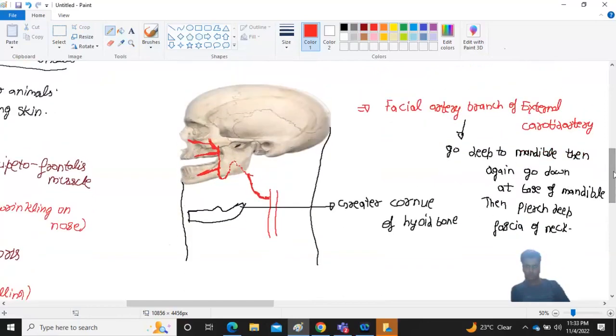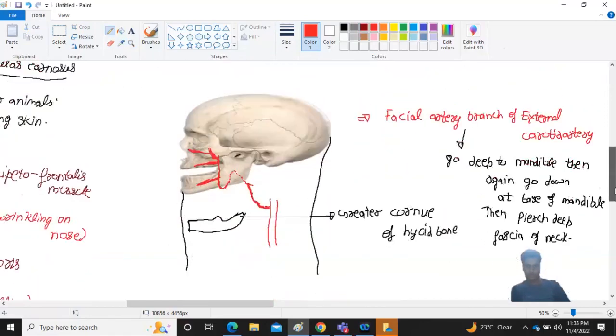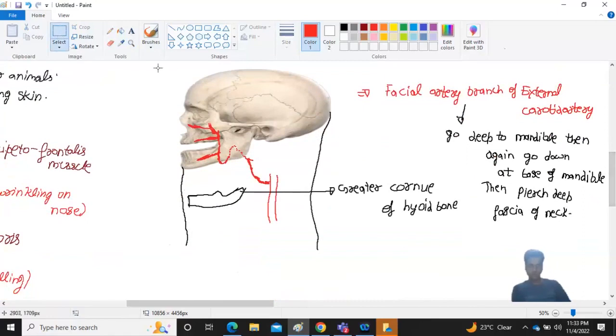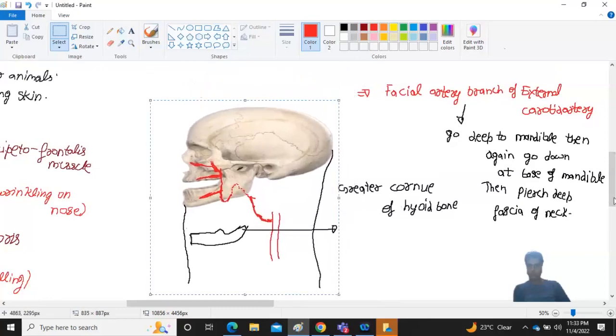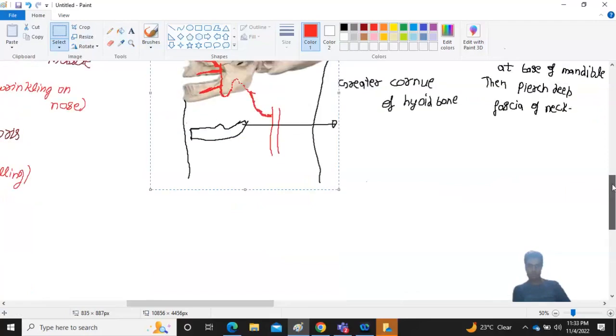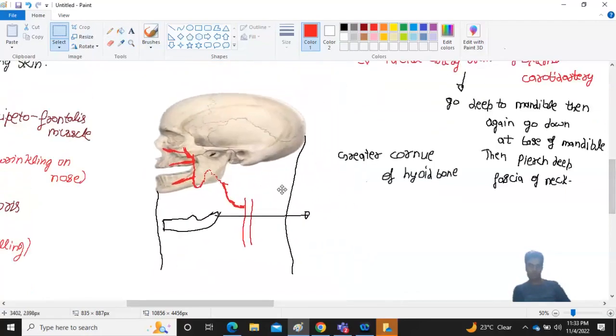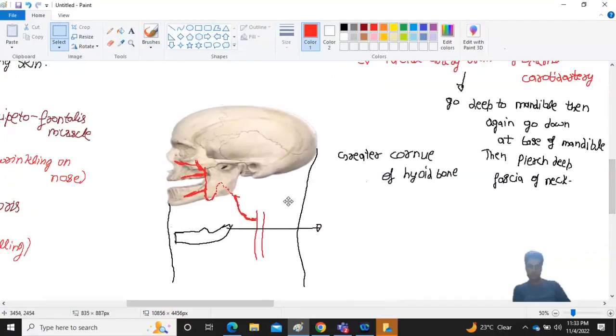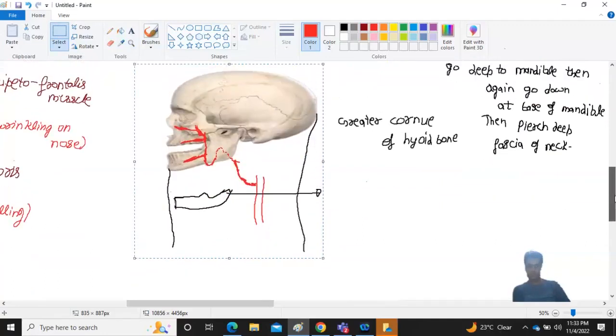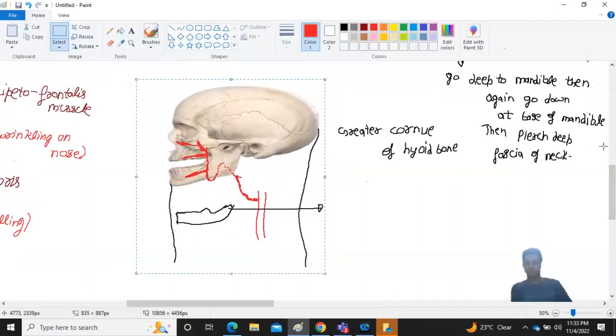Done. These are the four arteries. Now there are four other branches that come out as submental.